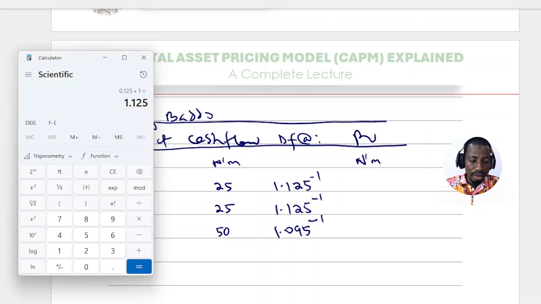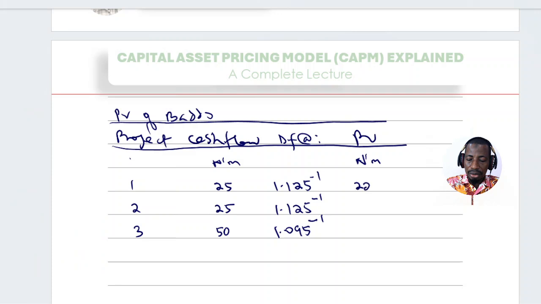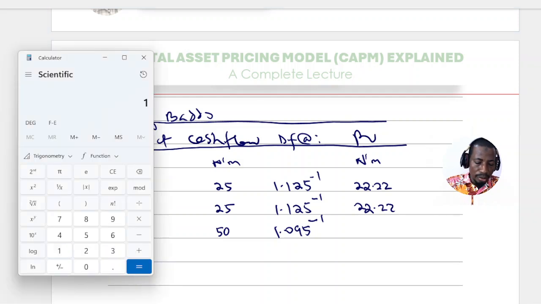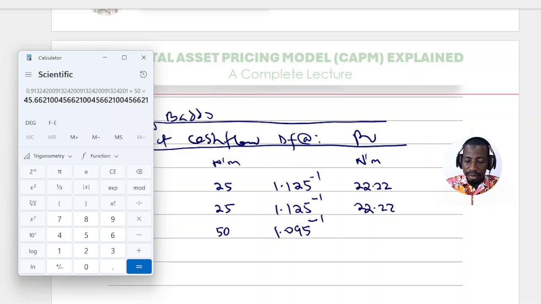So let's bring out the calculator. Raised to power 1 minus, equal, then multiply by 25 equal 22.22. Then 1.095 raised to power 1 minus, equal, multiply by 50 equal 45.66.